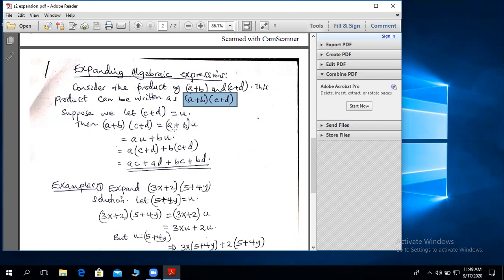When I open this bracket, it becomes A times U, which is AU, plus B times U, which is BU.